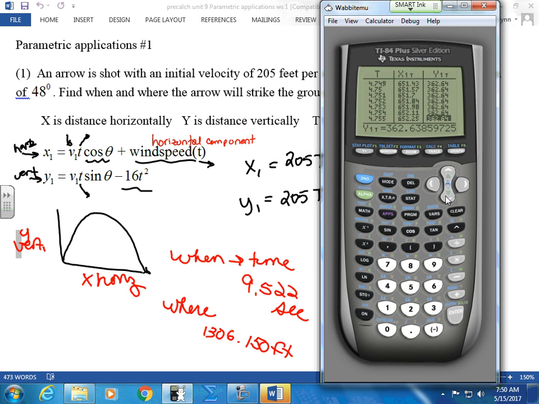Try number 3. Try number 2. 2 and 3. Then we can play with that tomorrow.